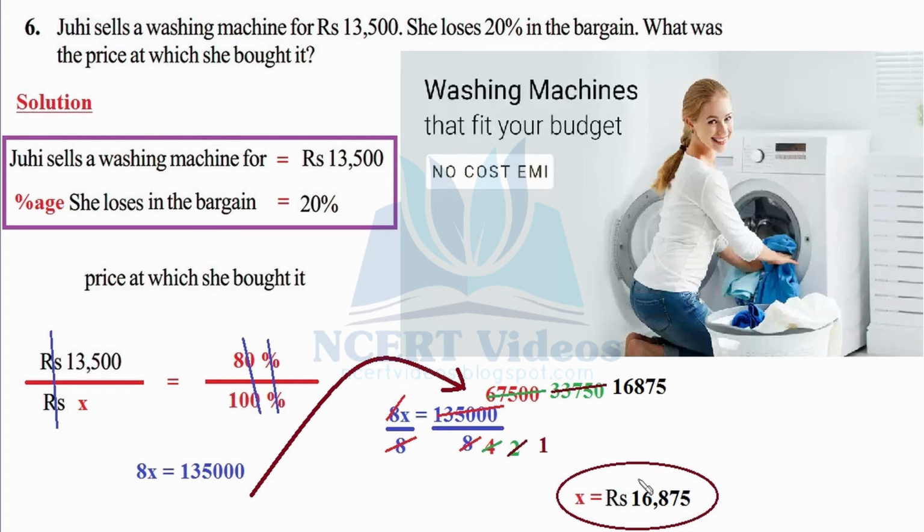Therefore, its actual price or the cost price is rupees 16,875 and the selling price was 13,500. So there is a loss of 20% in this whole process. So Juhi was at a loss. That is question number 6.